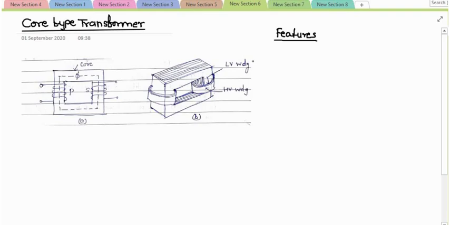Some distinguishing features of this type of transformer are, first, the core of this type of transformer is built up of laminations to form a rectangular frame, and it provides only a single magnetic circuit.